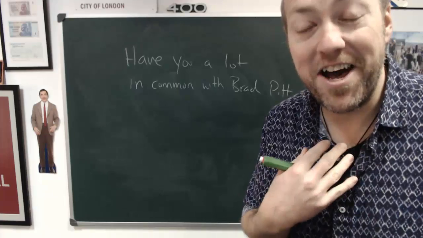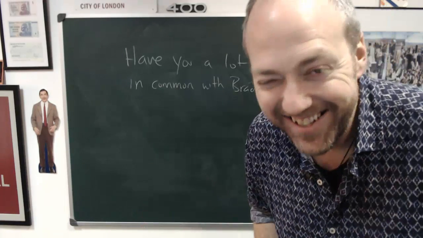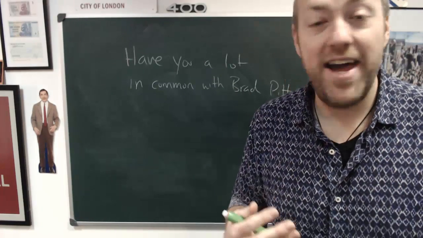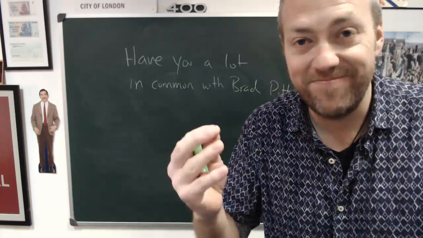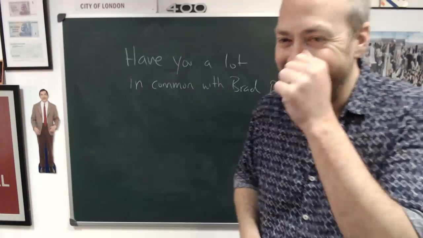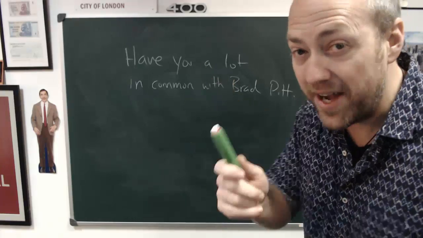Yes. Yes, I am very similar to Brad Pitt in a lot of ways. I am very attractive. I have a lot of money. I am famous. It's me and Brad Pitt. We are like twins. But the question is, is this sentence correct?